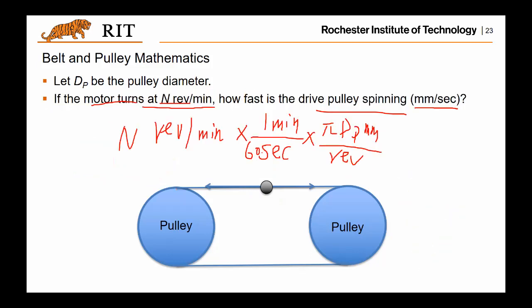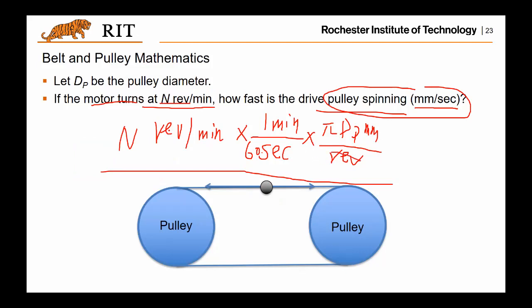Multiply them together, and you will have the pulley spinning speed. And you can see the revolution cancels out, minute cancels out, and you have millimeter per second.